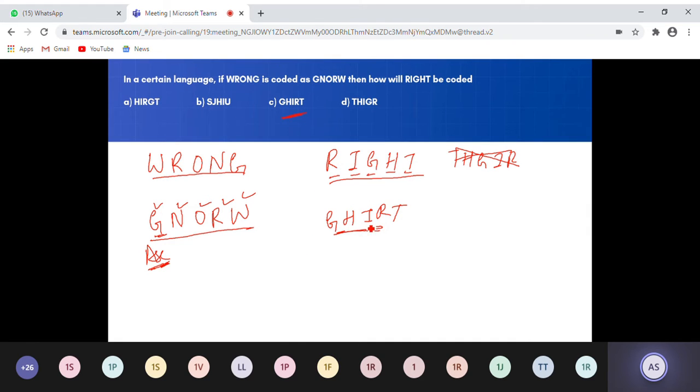Did you get it? So the answer is not answer option D, but C.